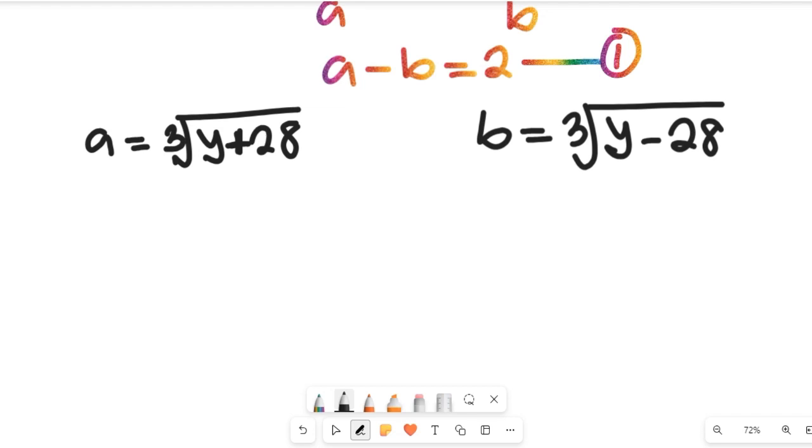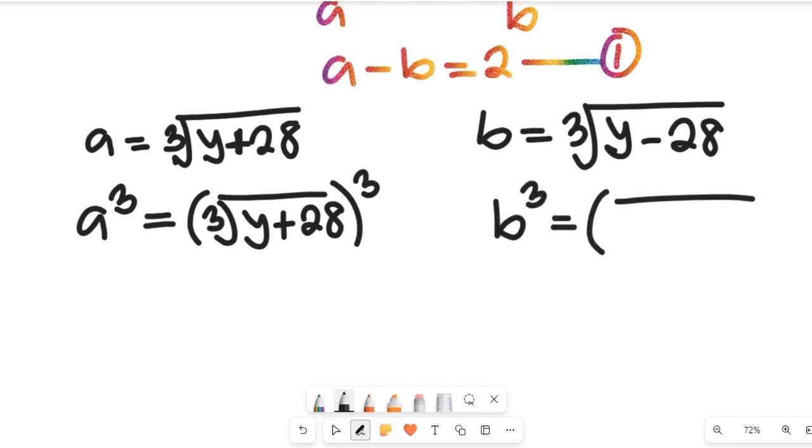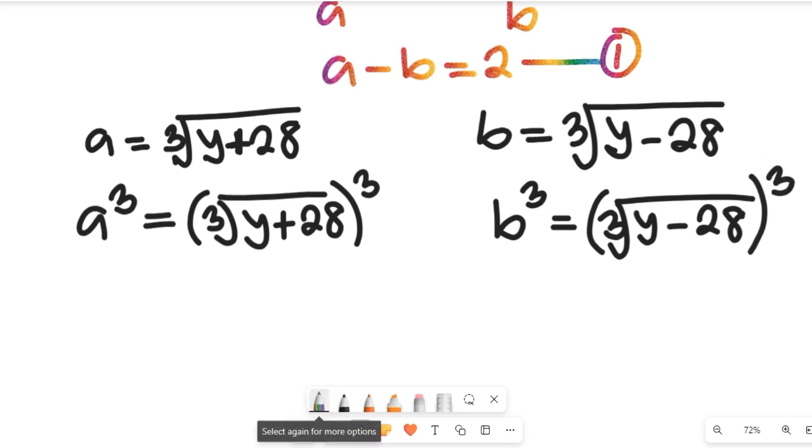And this is going to give me a to the power of 3, right? If I take the cube of both sides, this will give me the cube root of y plus 28, all to the power of 3. While I do the same here, this will also be equal to the cube root of y minus 28, all to the power of 3.